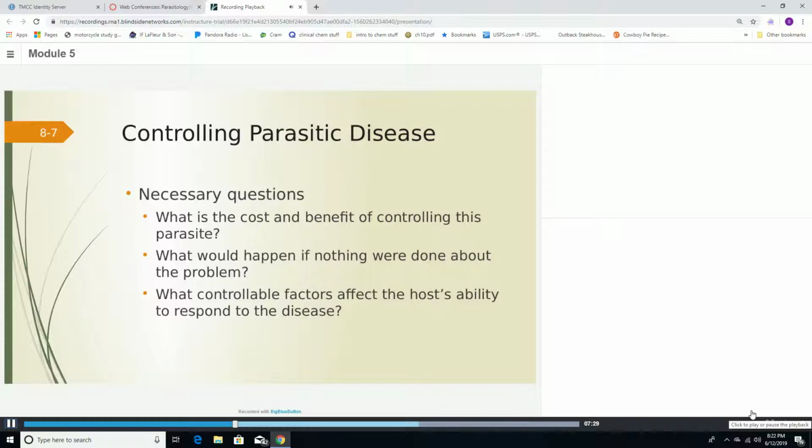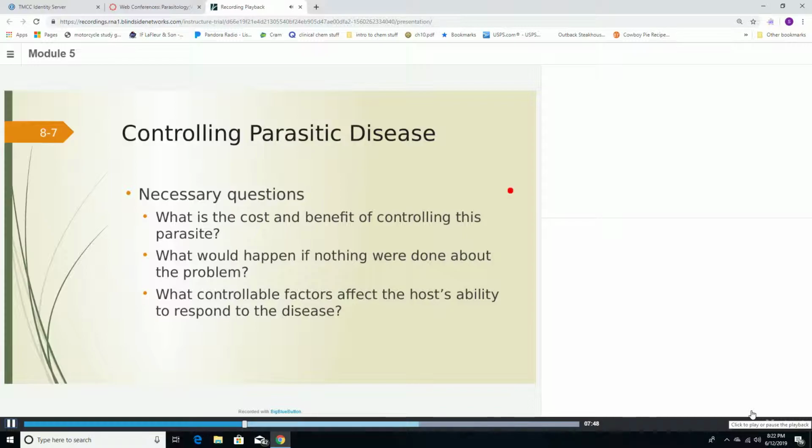What is it going to cost? And what are going to be the benefits of that cost? A lot of times in the business world, you hear about cost benefit analysis, and essentially that's what we would have to do with a parasitic infection.